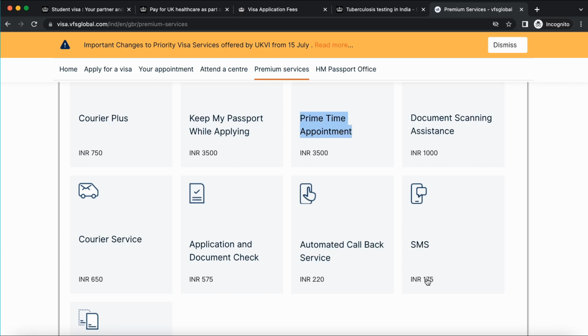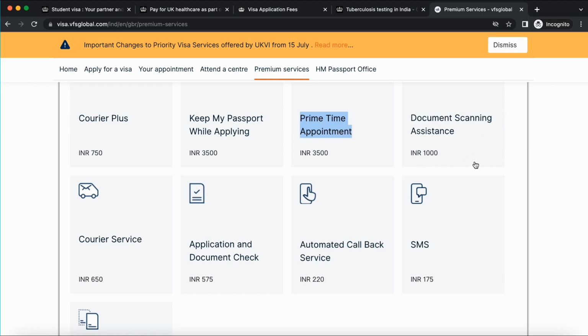Make sure to have this service enabled as well. This would essentially tell you about the entire application tracking. You would be getting SMSs. Courier service again depends on whether you want the passport to be couriered to you, or you want to personally go to the VFS Global and pick up your passport once a decision has been made on your visa application. But then again, this one is really important: document scanning assistance.